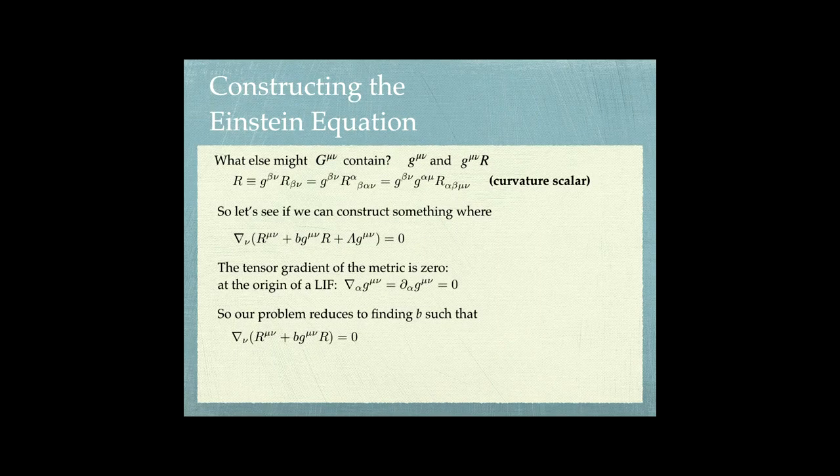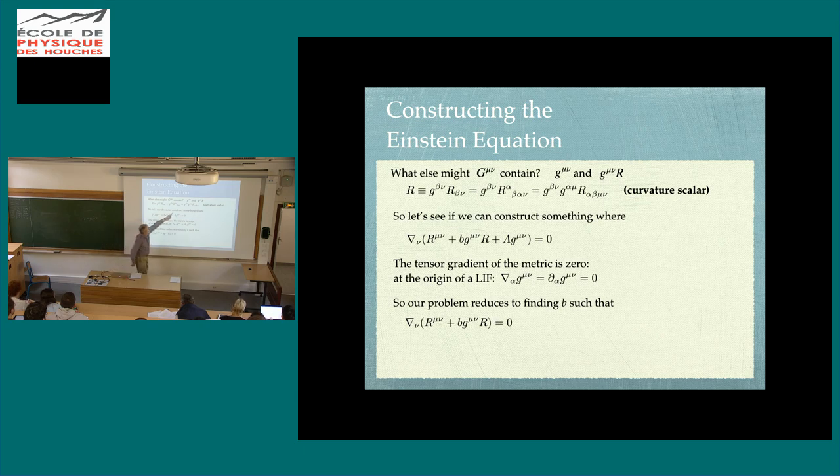Well, what else might it contain? This is a metric tensor in upstairs form. And also, here is another symmetric tensor that I can construct, where this is the curvature scalar, which is the trace of the Ricci tensor, related to the Riemann tensor via that expression.